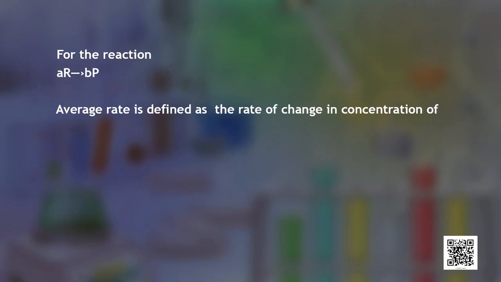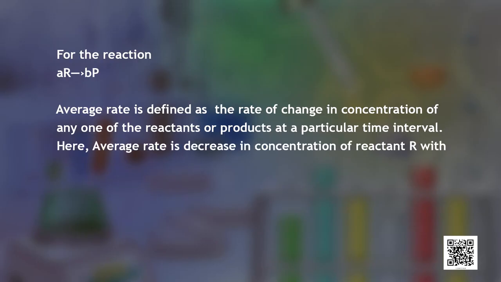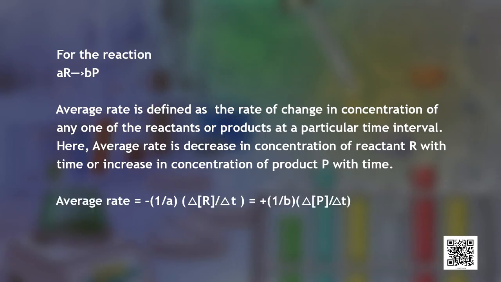A moles of reactant R forms B moles of product P. Average rate is defined as the rate of change in concentrations of the reactants or products at a particular time interval. Here, average rate is decrease in concentration of R with time or increase in concentration of P with time, as you can see on the slide.